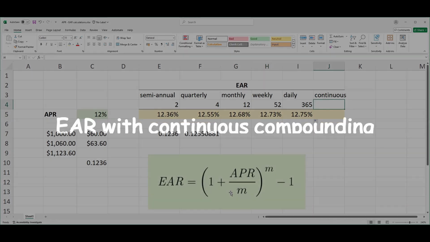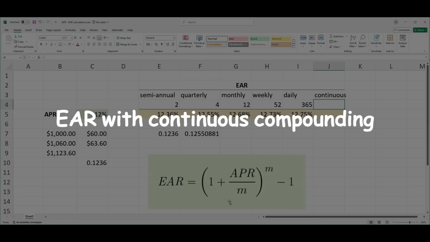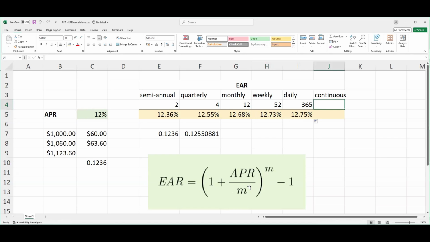Continuous is the case where, in this formula, m goes to infinity. So every instant you are earning a tiny interest on your deposit.